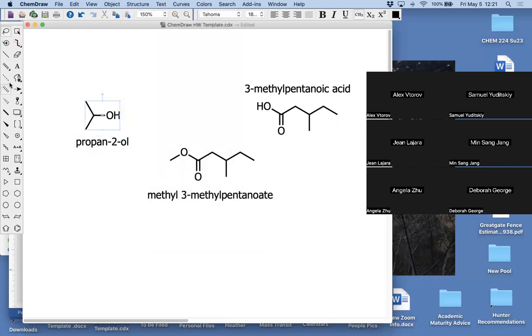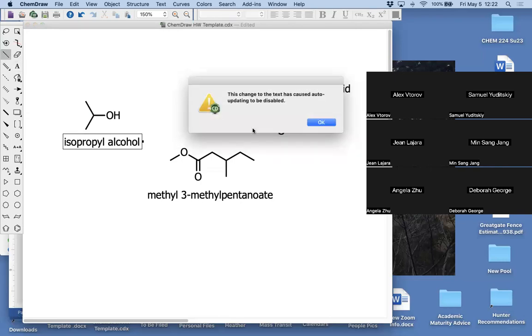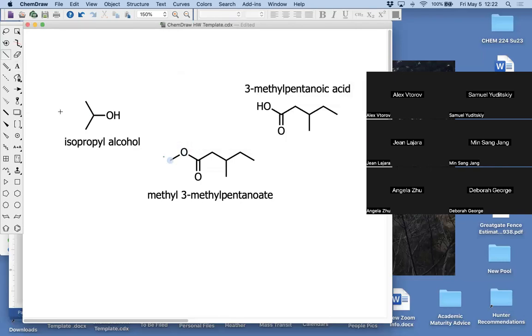Yeah, it's going to keep the other form. And so this isopropyl alcohol becomes isopropyl 3-methyl pentanoate. Okay, does that help?